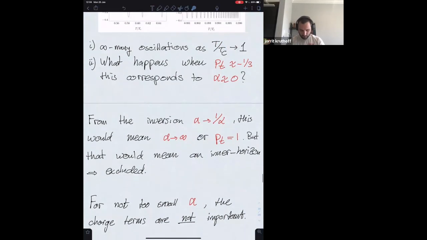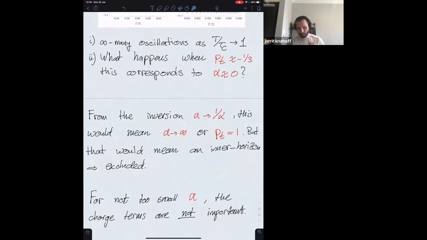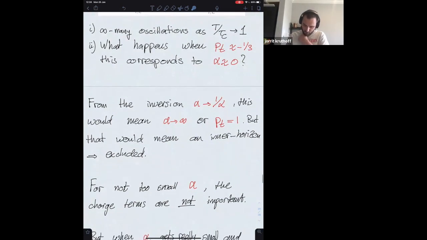What happens is that some of the terms that we've ignored in the equations of motion actually become important when alpha is very small and PT is close to minus a third. When alpha is not too small, the charge terms are not so important.